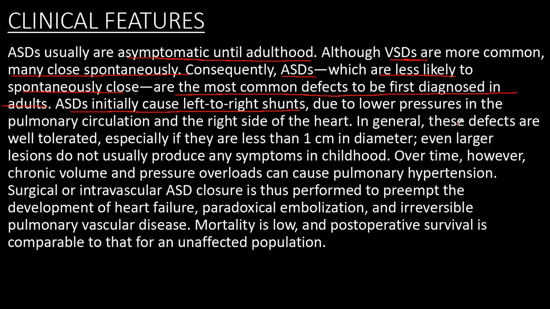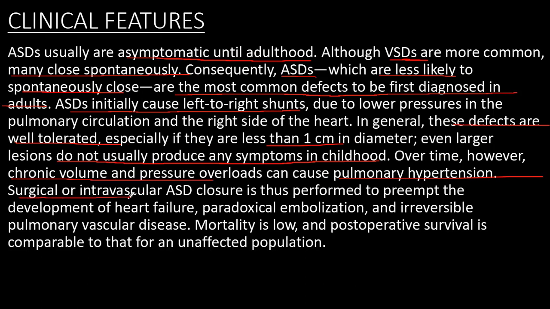In general, these defects are well tolerated if they are less than a centimeter in diameter, and even larger lesions do not usually produce any symptoms in childhood. Over time, however, chronic volume and pressure overload can cause pulmonary hypertension and shunt reversal.